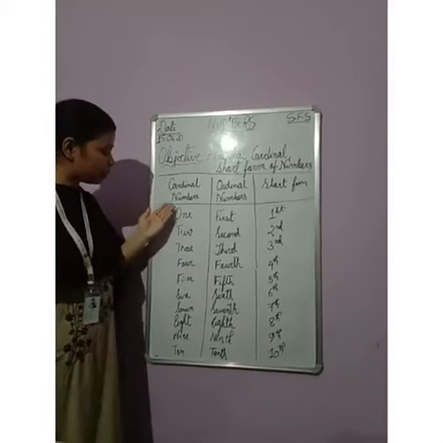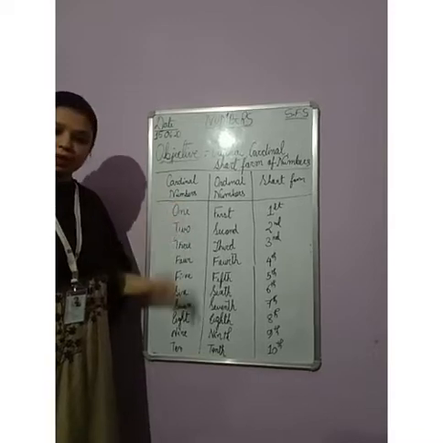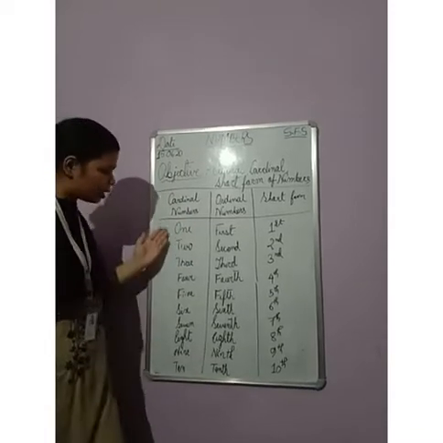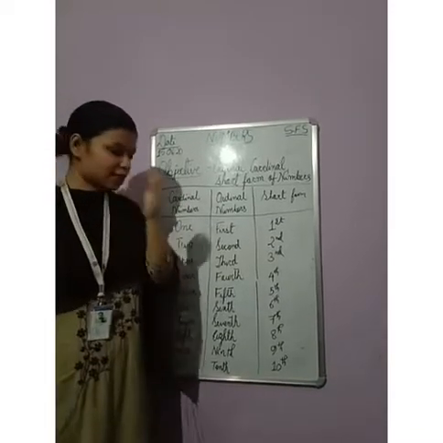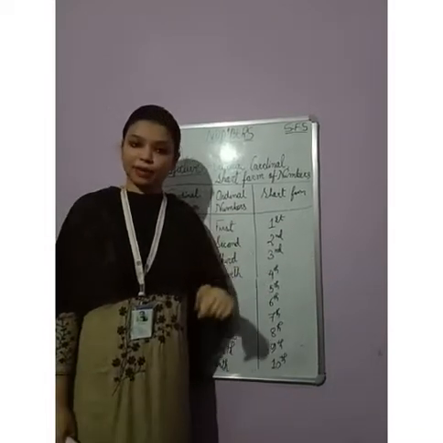When we write numbers in this way, it is known as cardinal number. The same number 1 we can also say first, F-I-R-S-T.